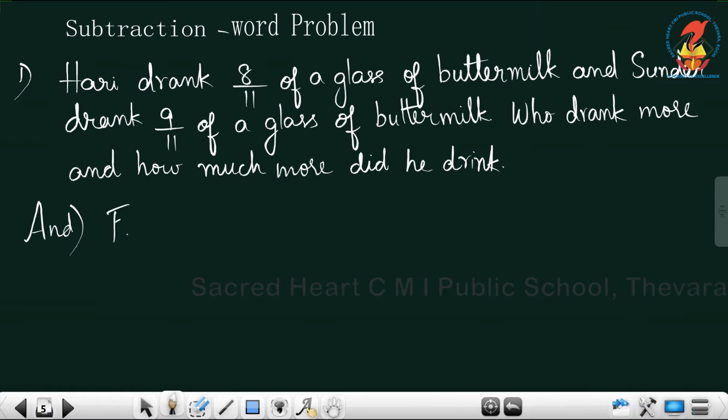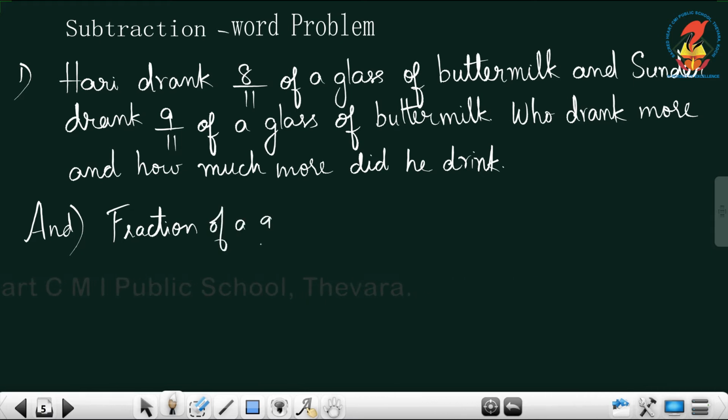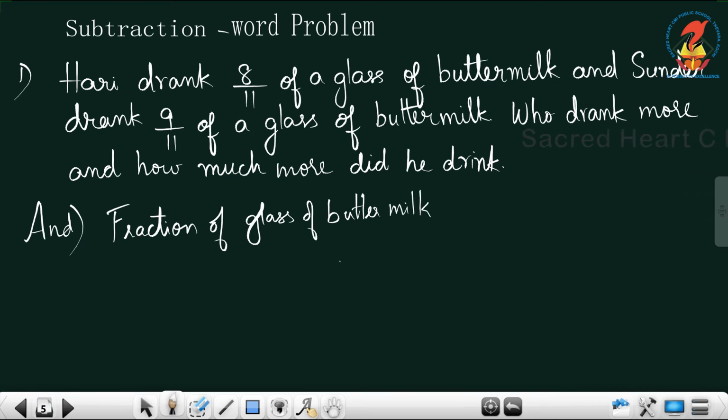So, you write as fraction of glass of buttermilk Hari drank.